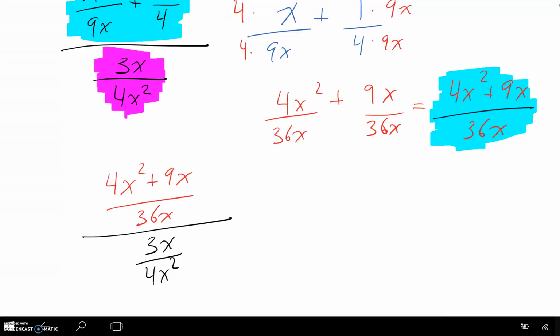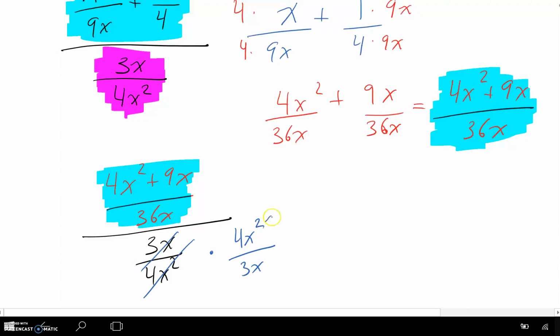So, to undo this, let's highlight again if that helps. So, to simplify this, just like in the previous examples, I'm going to have to multiply by the reciprocal of the denominator. Times 4x squared all over 3x. Okay.